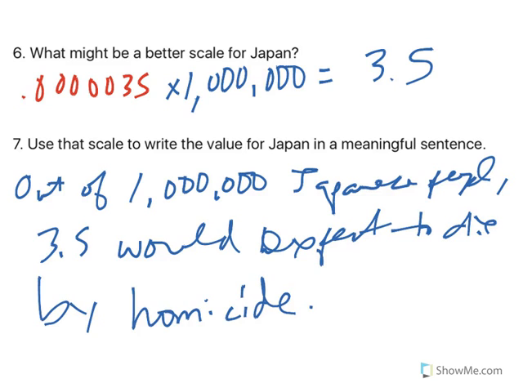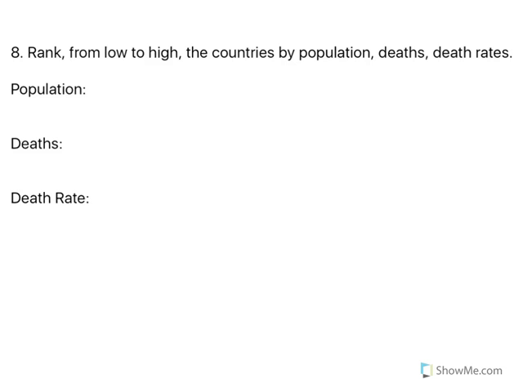So now you've got 1 million people, and I don't really know how you can think about 1 million people. Nothing really comes to mind. But if you have 1 million people, approximately 3 or 4, if they were Japanese, would die by homicide. So the 100,000 really wasn't efficient for Japan, but maybe out of 1 million would be sufficient.